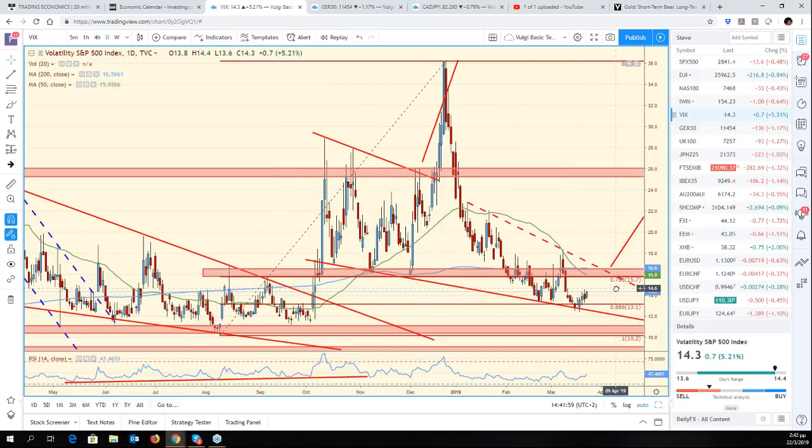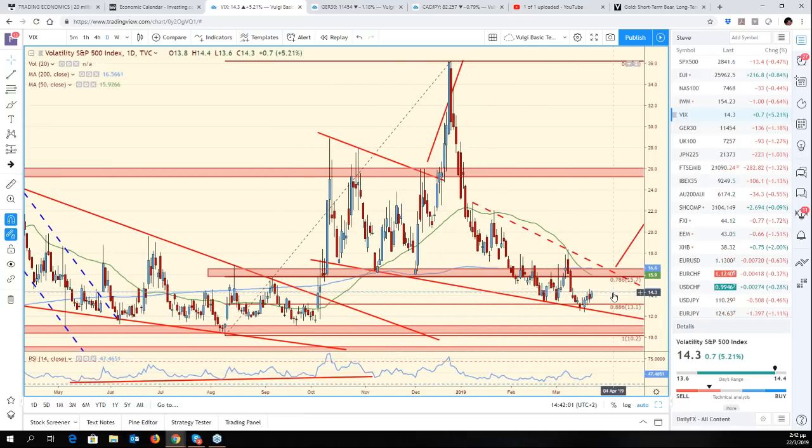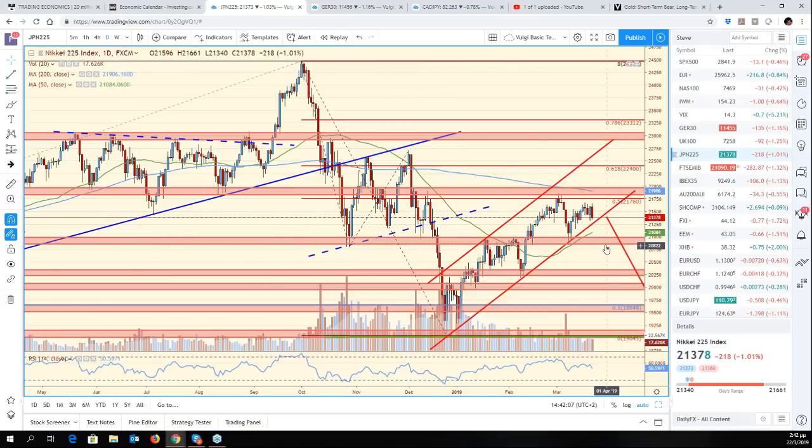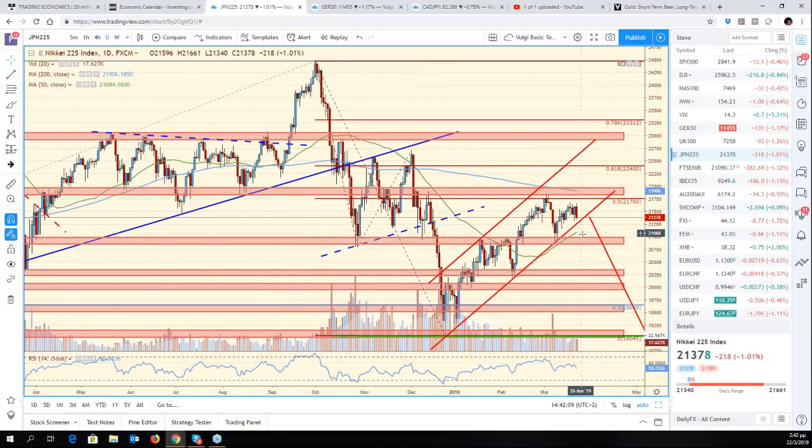Of course, the VIX is still at rather benign levels, very low, but you know how these things are. They can easily change, especially the VIX has the ability to produce some huge moves higher. I mean, you can see the VIX moving 20, 30, 40% higher within a day or so.